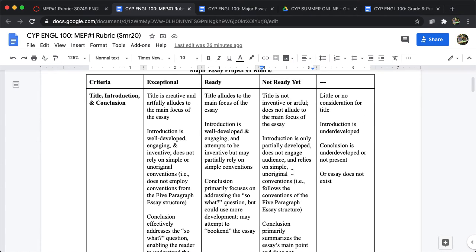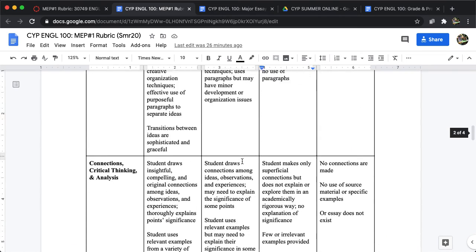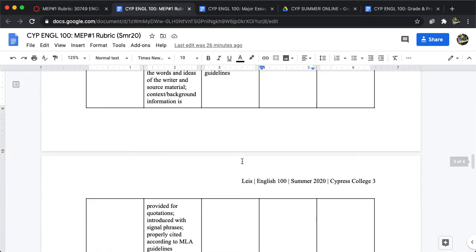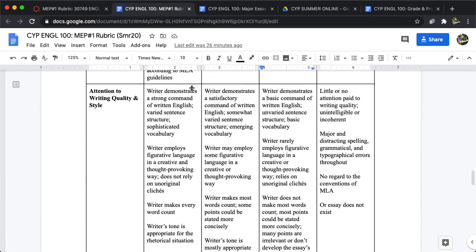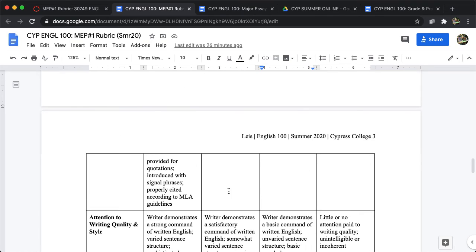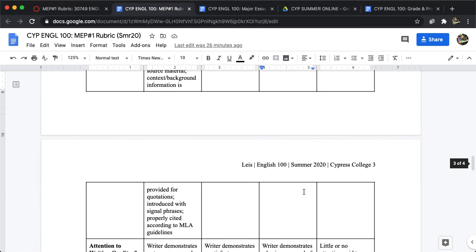Now, in some instances, and I'll address this in the feedback, a paper might be ready in most instances, but maybe there's something like, well, we'll just look over the writing, attention to writing quality and style. So maybe it has most of the characteristics from the ready column, but there's a couple of things that might be not ready.